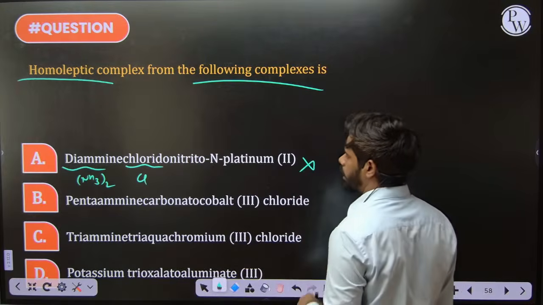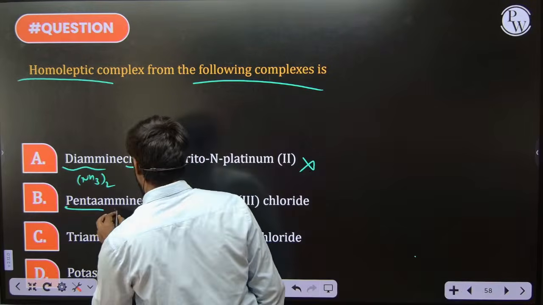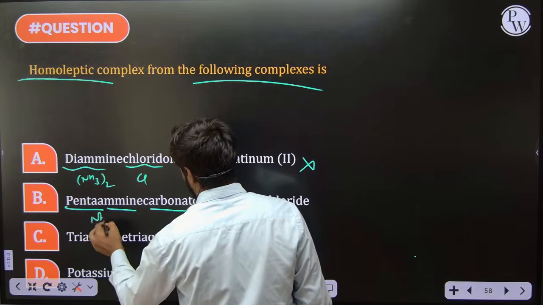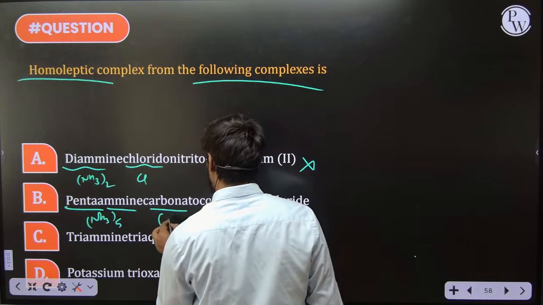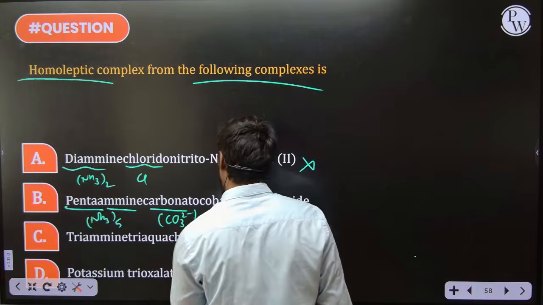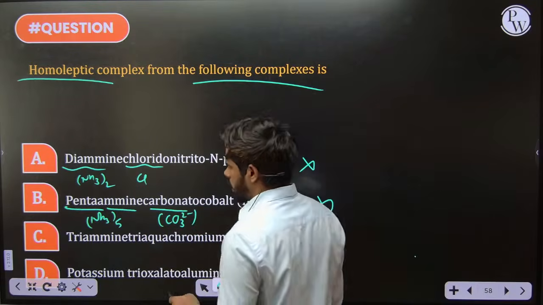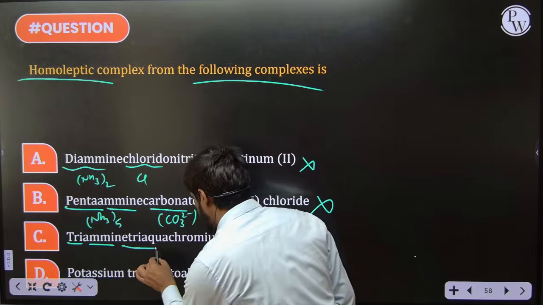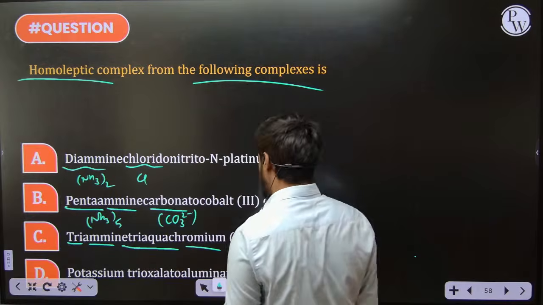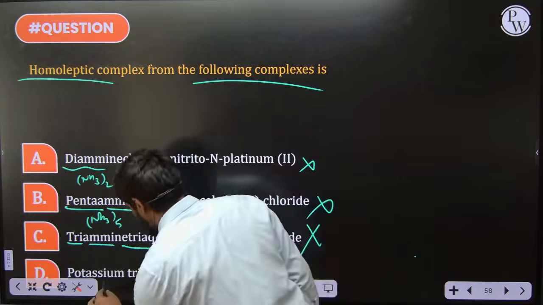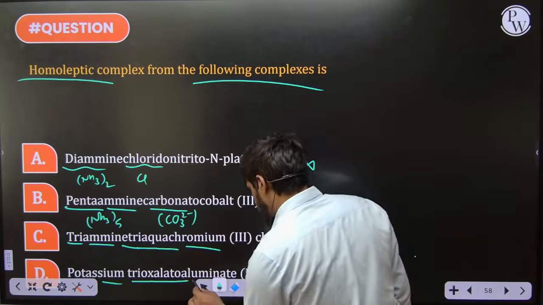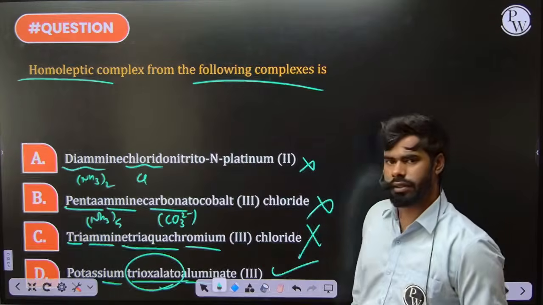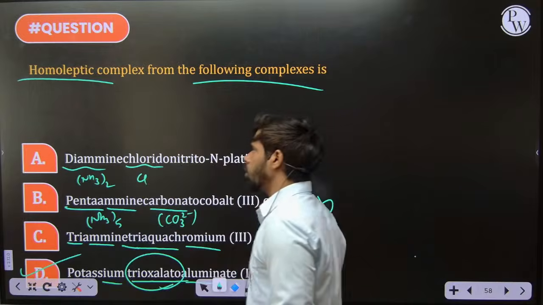Then it is not homoleptic. Pentaamminecarbonato has different types of ligands, so it is also not homoleptic. Next, triamminetriaqua chromium is also not a homoleptic compound. Next, potassium trioxalatoaluminate has only one type of ligand, that is oxalate. That means this is a homoleptic complex.